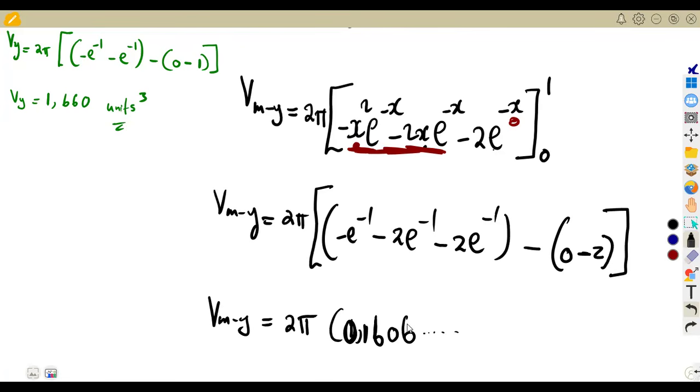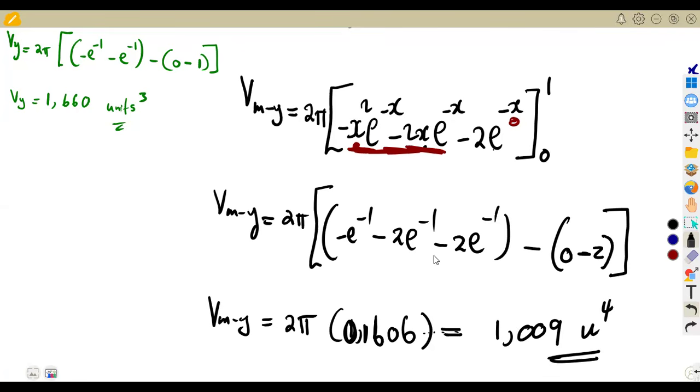Then we multiply that number by 2 pi. To 3 decimal places, you're going to get 1,009 units to the exponent of 4. Remember, this is the volume moment. You can use your calculator to round off to 3 decimal places.